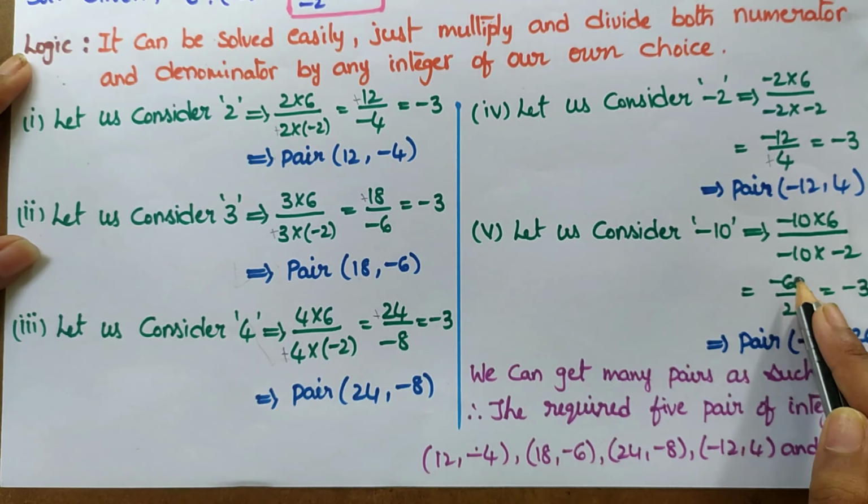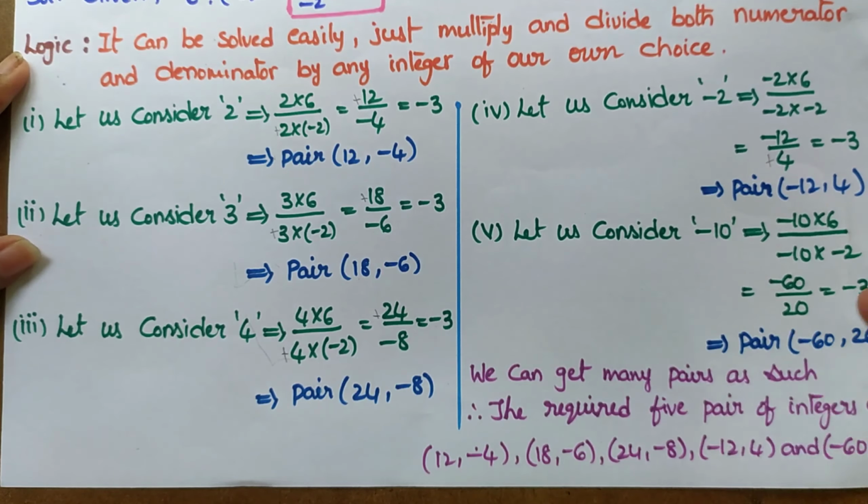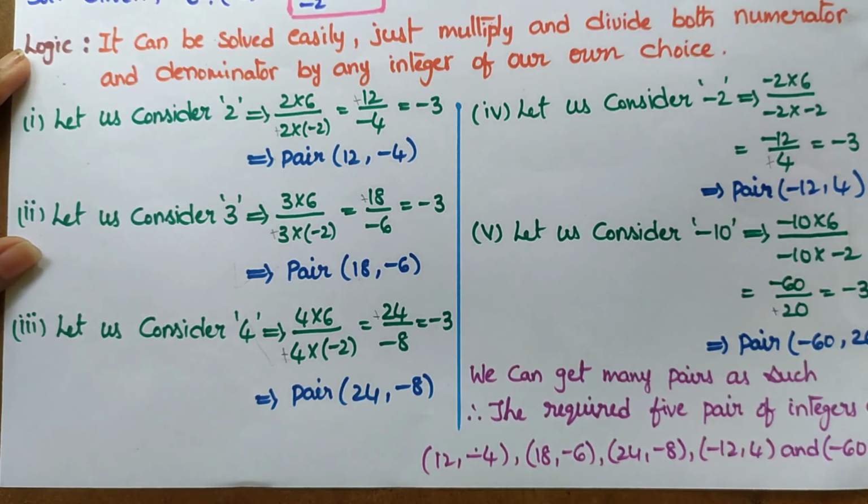So minus 60 by 20 can be written as plus 20, and minus by plus is minus. 2 1s are 20, 2 3s are 60. So it is minus 3. Therefore the pair of integers is minus 60 and 20, plus 20 or 20.